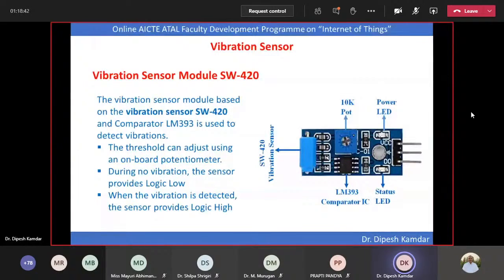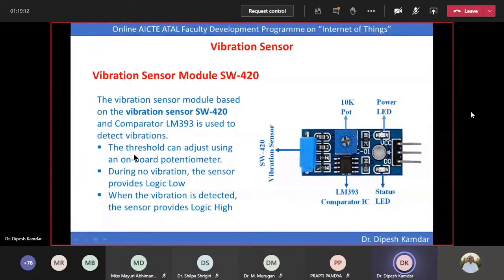Then the vibration sensor. We have the module SW420, which is a vibration sensor. It has a comparator, the LM393, used to detect the vibration. When it vibrates, we can find out how much vibration is there.